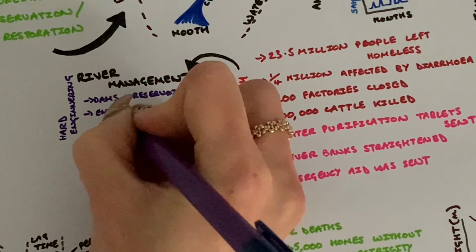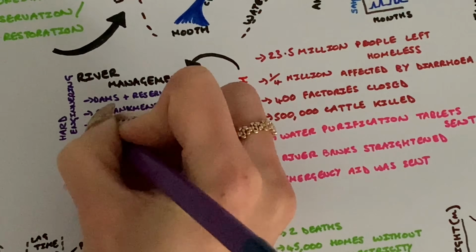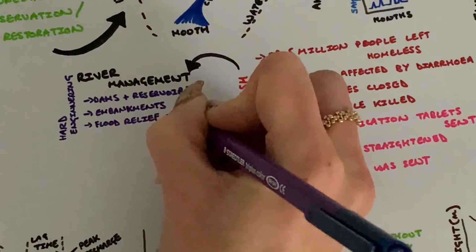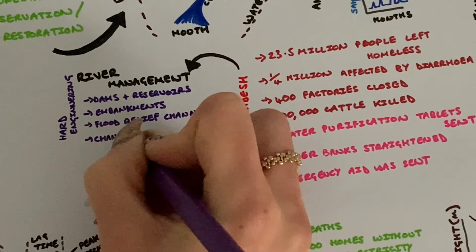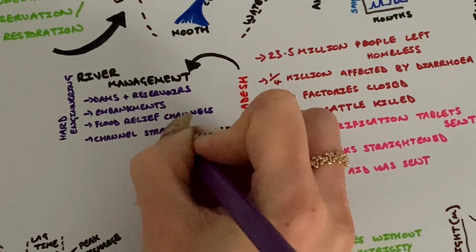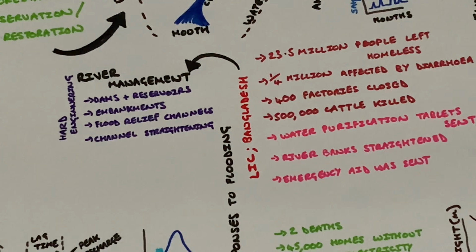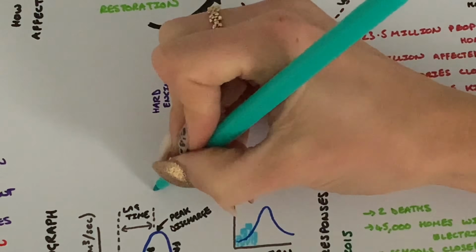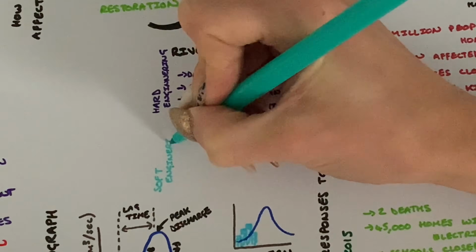And some examples of hard engineering strategies are dams and reservoirs, embankments, as well as flood relief channels and channel straightening. Now, you will need to know these in more detail, why we use them, what their purpose is, as well as the advantages and disadvantages. And unfortunately, we're not going to go through that today because this is just a summary overview of this topic.